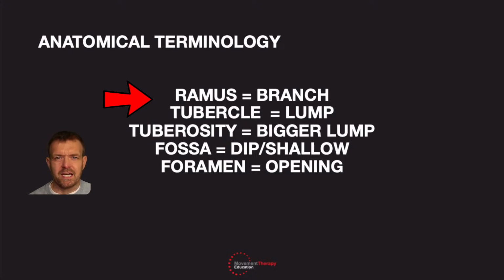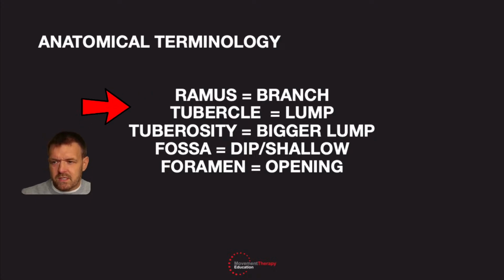And you'll see this word used quite a bit, especially around the pelvis, because there are rami or ramuses around the different parts of the pelvis, and they relate to the different sections of the pelvis as well. So once you know what ramus means, and then you know the region of the pelvis, then again the names start to make sense. You start to understand them rather than just remember them.